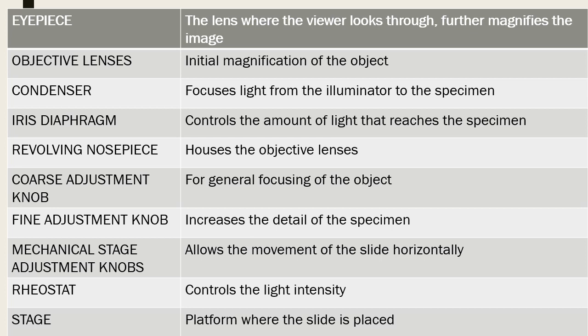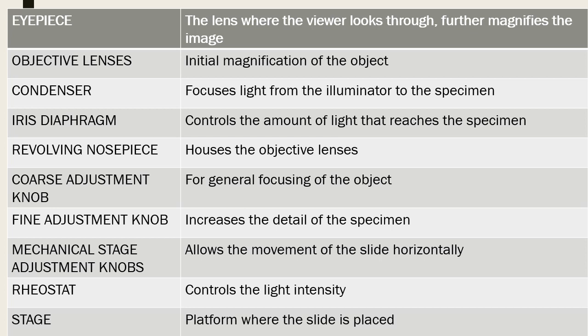And then your revolving nose piece houses the objective lenses, and it can be rotated, which allows for quick change in objective. Let's say you are focusing on low power, and then you want to see in high power, then you just rotate your revolving nose piece for a quick change in objective.